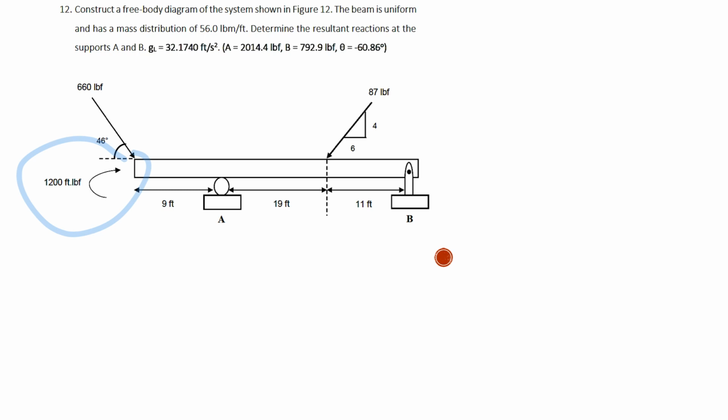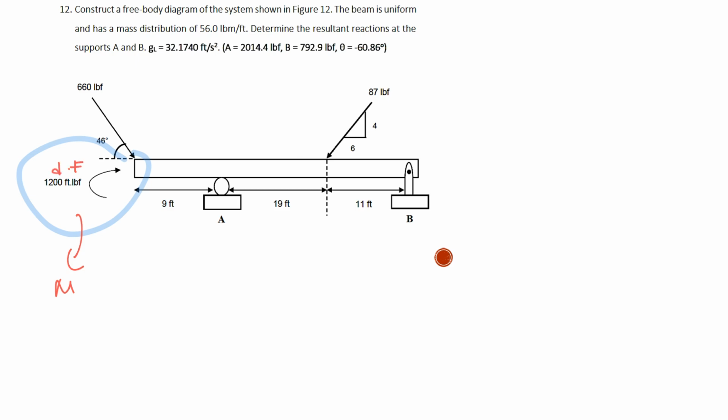This is basically a moment. This question is different, where now you need to imagine that this beam is actually moving in rotational motion with 1200 feet pound force. So this is basically a moment because this is force with a distance.